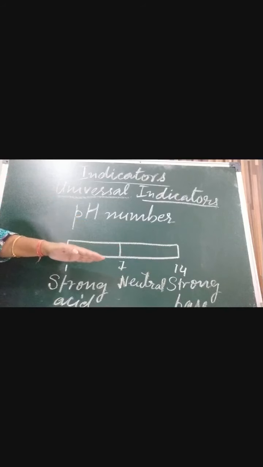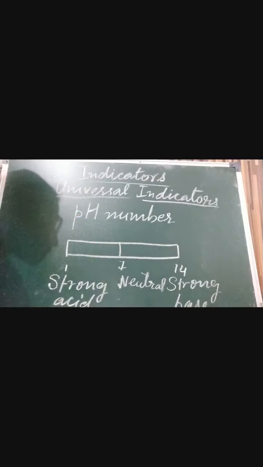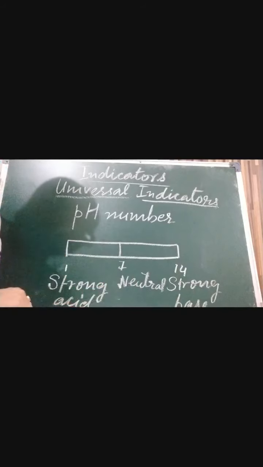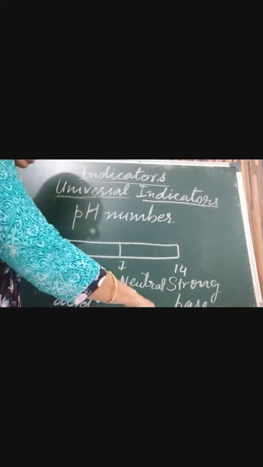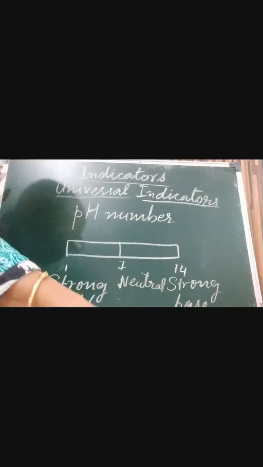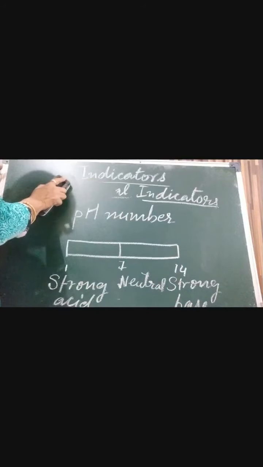We can measure the pH of a solution by using this universal indicator. Okay children, now what is a universal indicator? What is the definition? A universal indicator, I'm writing down here, is a mixture of indicators.